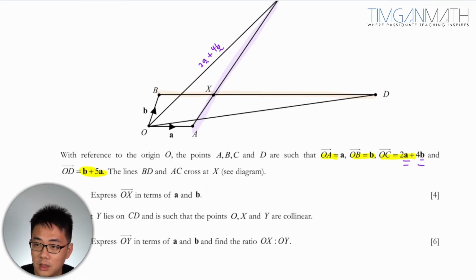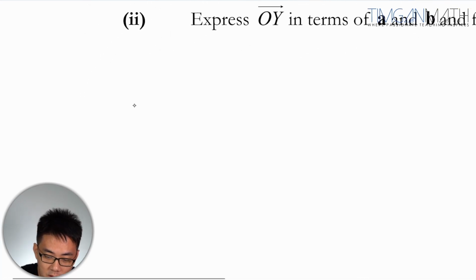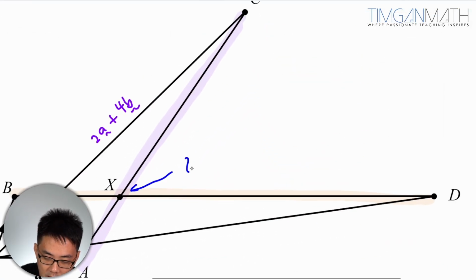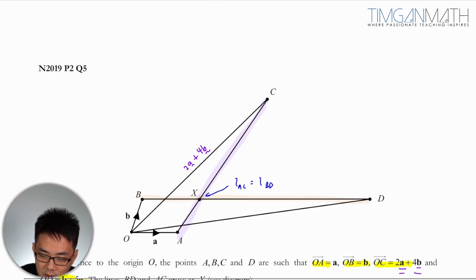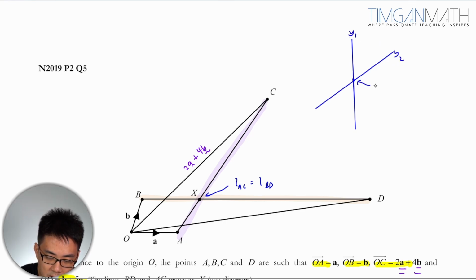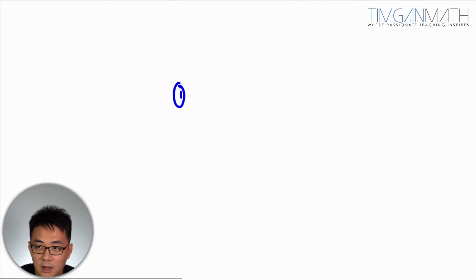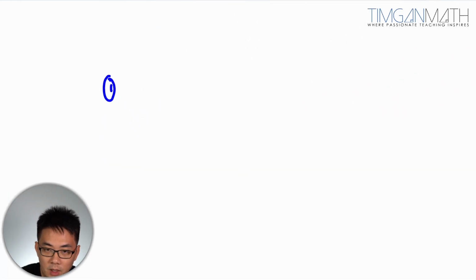So I'm going to write down line AC. This is the intersection between LAC equals to LBD. Like in secondary school, if we have two line equations, we expect y1 equals y2. So we need to find the line equation of BD.